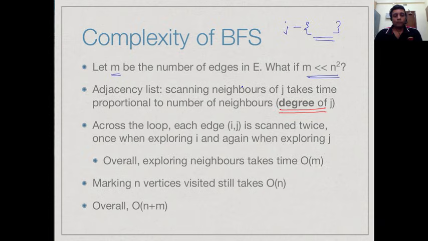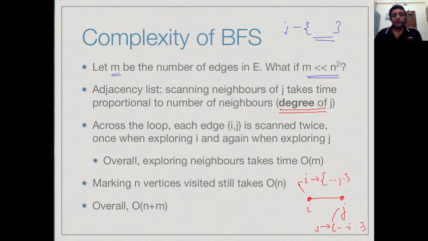If you don't count it per loop, but count it across the entire processing of the entire set of vertices, what we will see is that for every edge in the graph of the form i, j, there will be a time when i is processed and I will see j in its list, and there will be a time when j is processed and I will see i in its list.